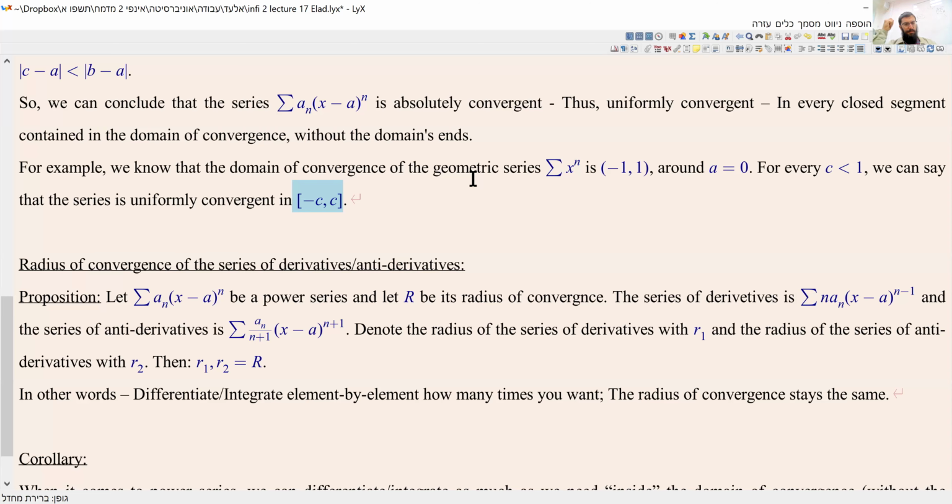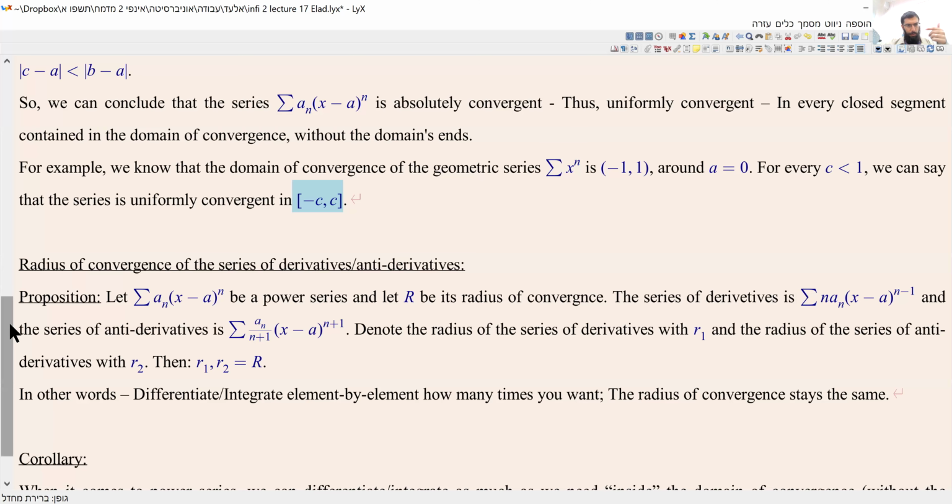Because differentiating or integrating element by element does not change the radius, the segment minus half to half is going to stay inside the domain of convergence, which means the new series, be it the integration or differentiation, is still uniformly convergent in this segment.